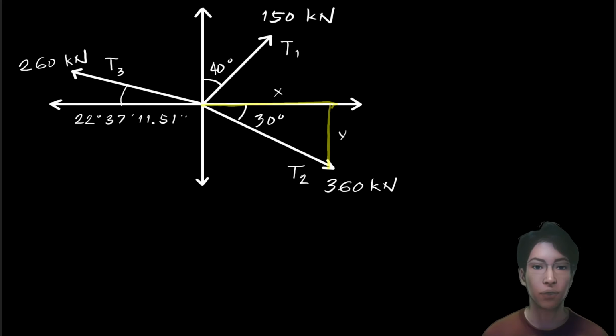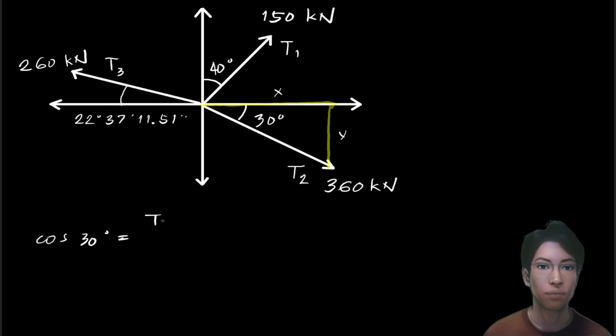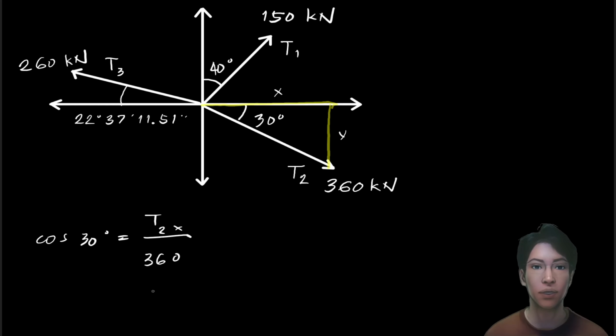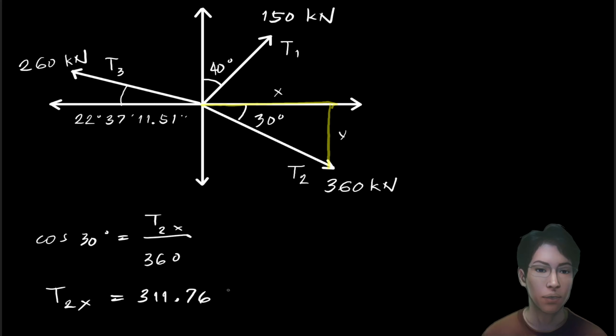For the x component, this is cosine 30. This will be t sub 2x. Okay, so t sub 2x over hypotenuse, which is 360. So t sub 2x is equivalent to 311.76915.